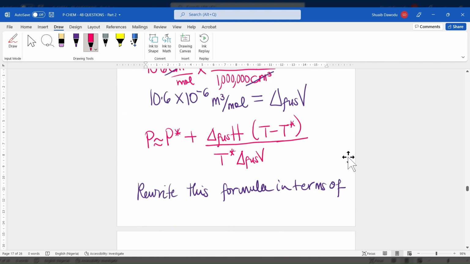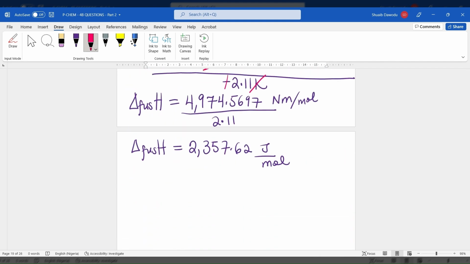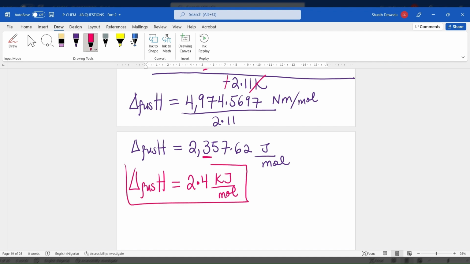And we end up putting our final answer in 2 sig figs, because that's the lowest number of significant figures. So the change in enthalpy of fusion is simply going to be 2.4 kilojoule per mole. And I'm sticking to 2.4 kilojoule per mole because I decided to go from joule per mole to kilojoule per mole, because that's how neat we can get our work.